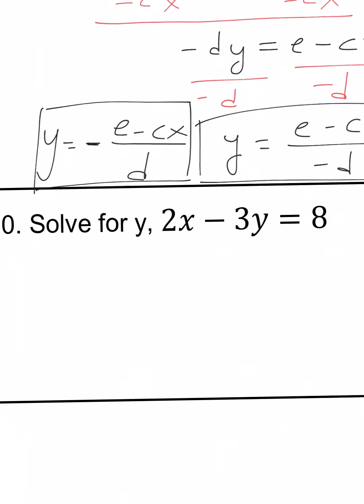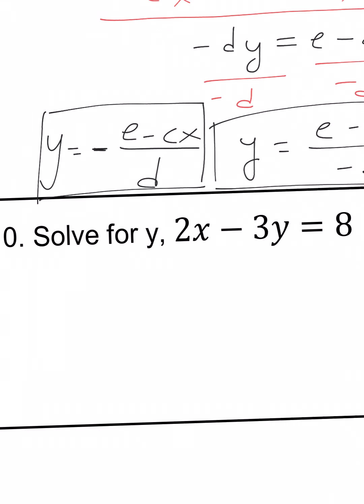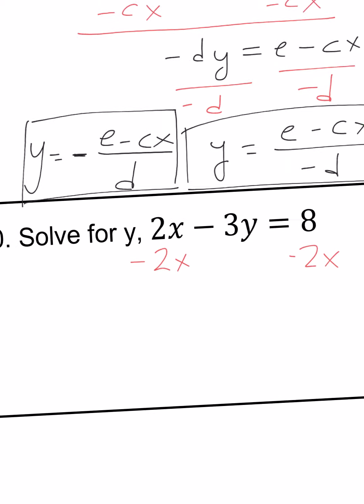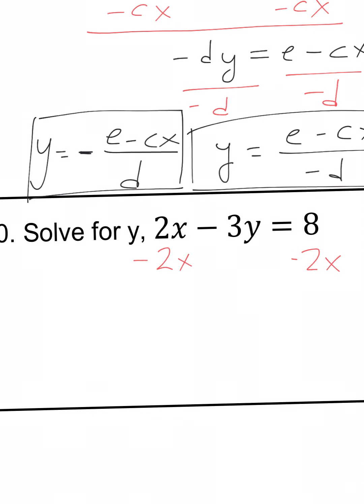Then number 10 is like number 9, but now you actually have numbers. You actually have coefficients. So here, I'm going to subtract 2x from both sides. Then I get minus 3y equals to 8 minus 2x.